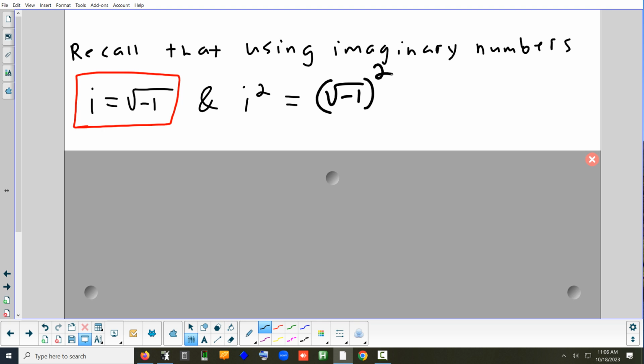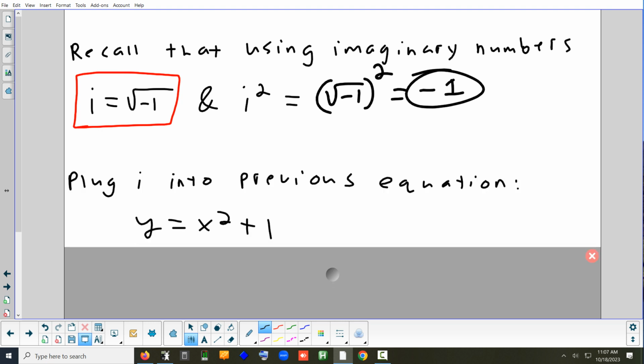So what would you get if you take the square root of -1 and square it? You would get -1. So anytime that we have a problem and we end up with i squared, we have to make sure we always change i squared to -1. Any question on that? So i squared is always the number -1.